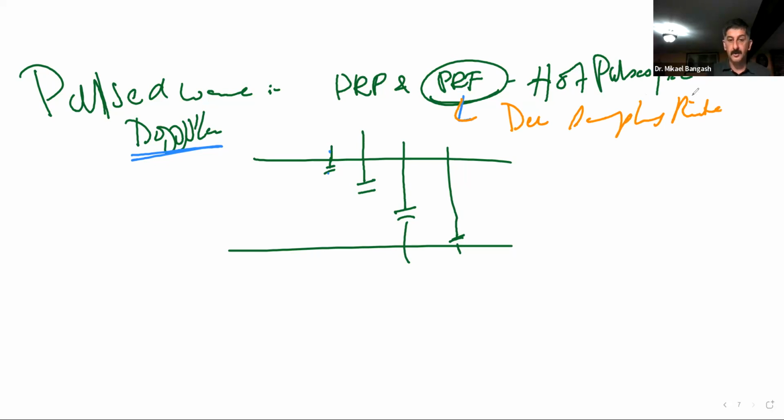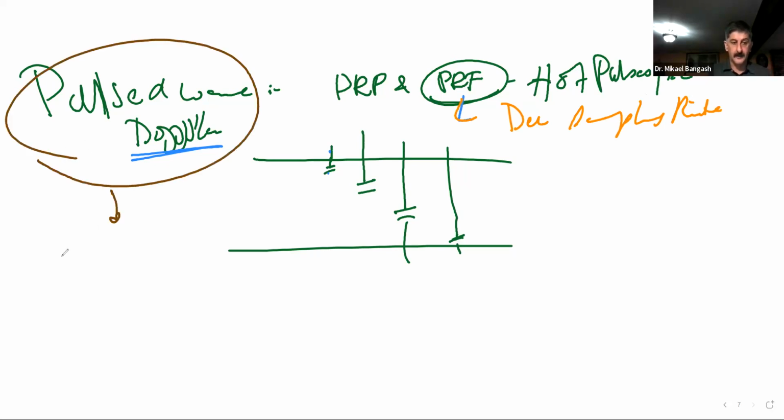Another point we also said about pulse wave Doppler is that its main negative point was that it was going to have aliasing. And why do we have aliasing?